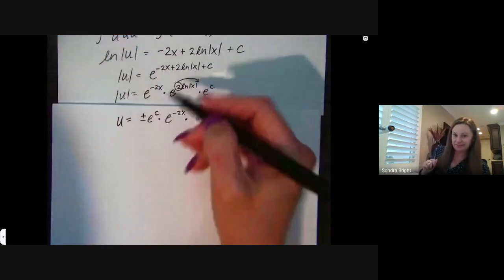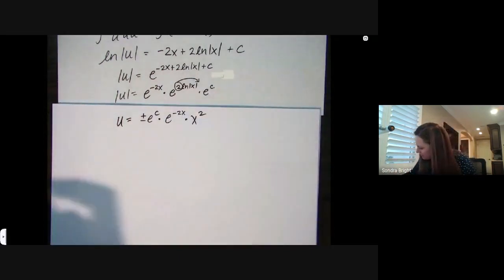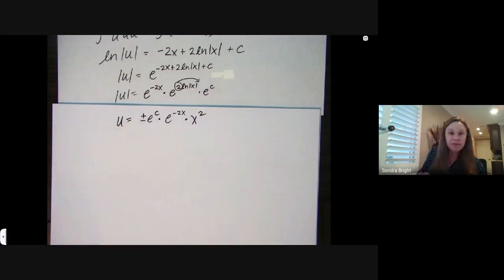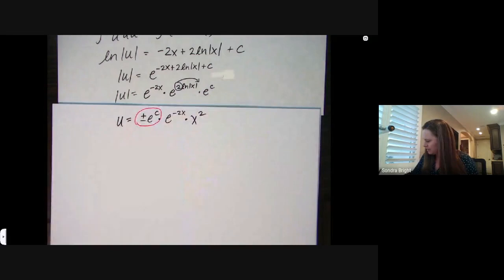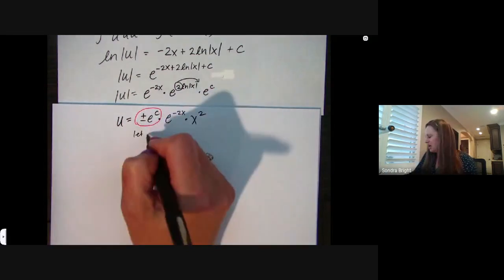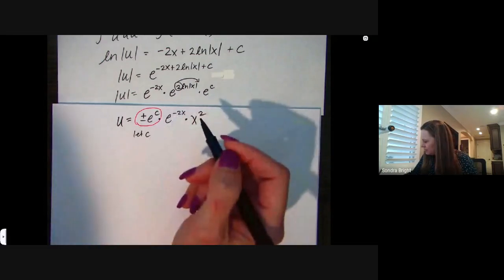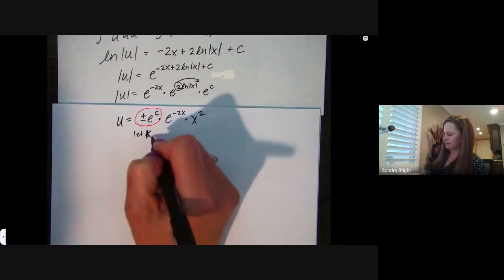Do you remember the little trick? This is a constant, so I'm going to choose some other letter. How about if I let K, just for giggles, let K equal the plus or minus e to the c.